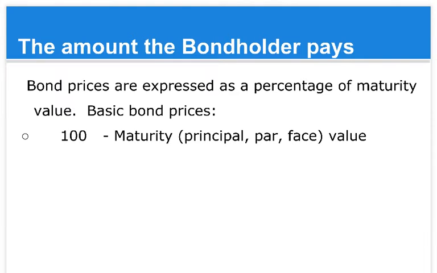A bond price that is quoted at 100 basically means it is being issued for an amount that is equal to the maturity value. Recall that the maturity value can also be referred to as the principal value, the par value, or the face value of the bond.